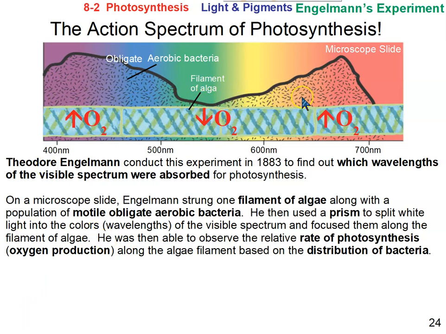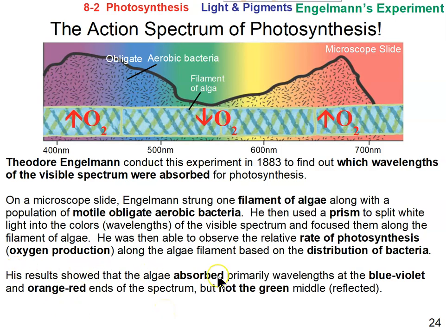So by looking at the distribution of bacteria along the filament of algae, he was able to infer where more photosynthesis was going on and where less photosynthesis was going on according to wavelength, or along the wavelengths of the visible spectrum.